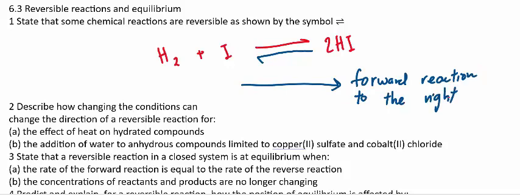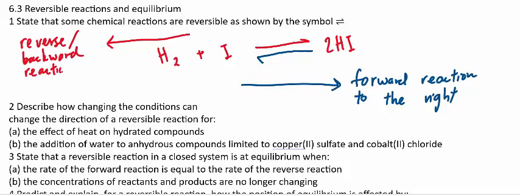So shifting it to the right. And then the other way, if it goes this way, can you all write this down? It is called the reverse reaction or backward reaction. Or we say it's going to the left.